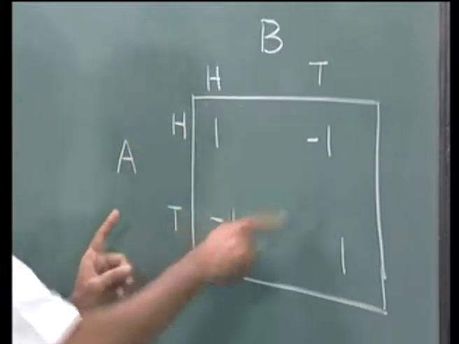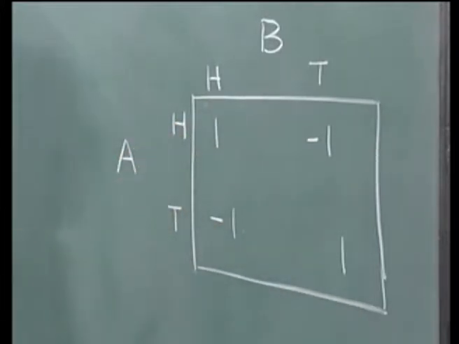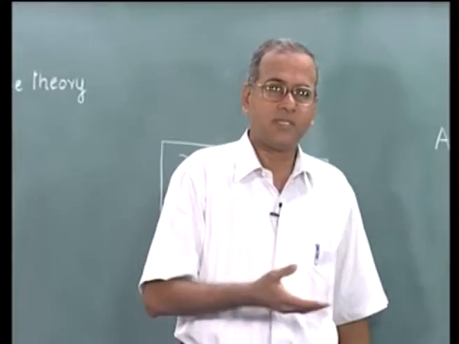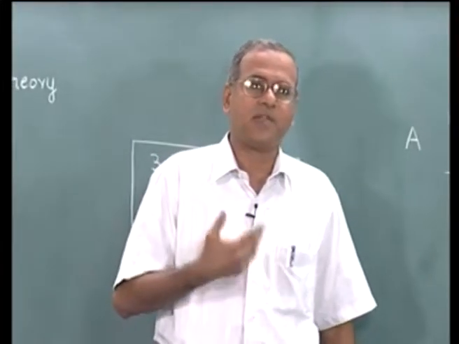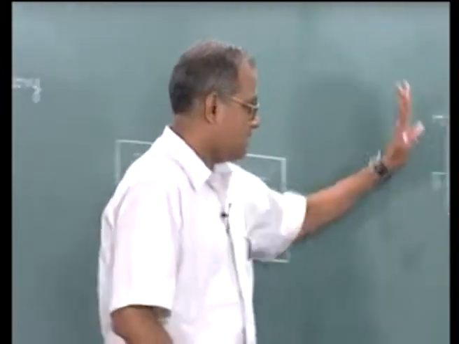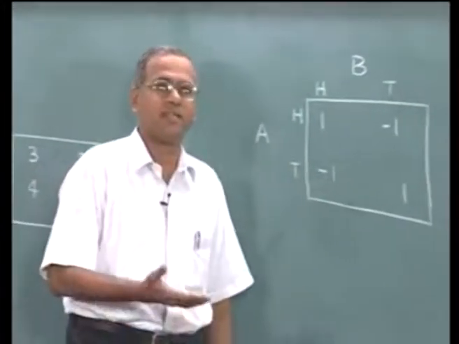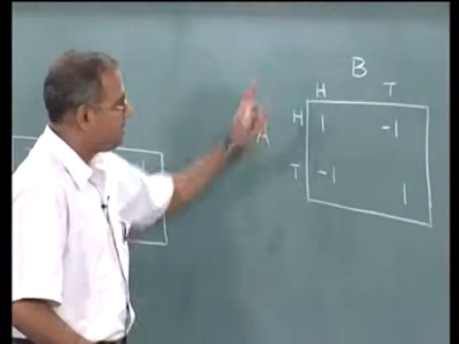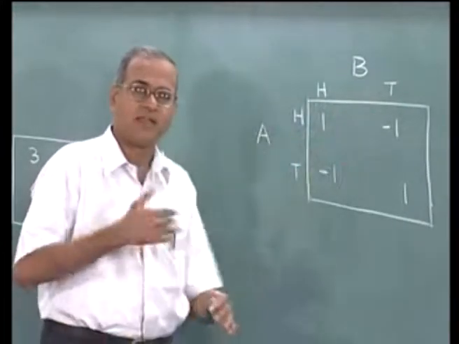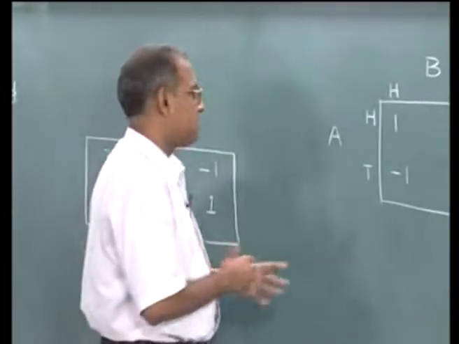We should also be aware that these two are strategies on which the person playing the game has control. In this particular type of a game, A can choose to show either a head or a tail, B can choose to show either a head or a tail.